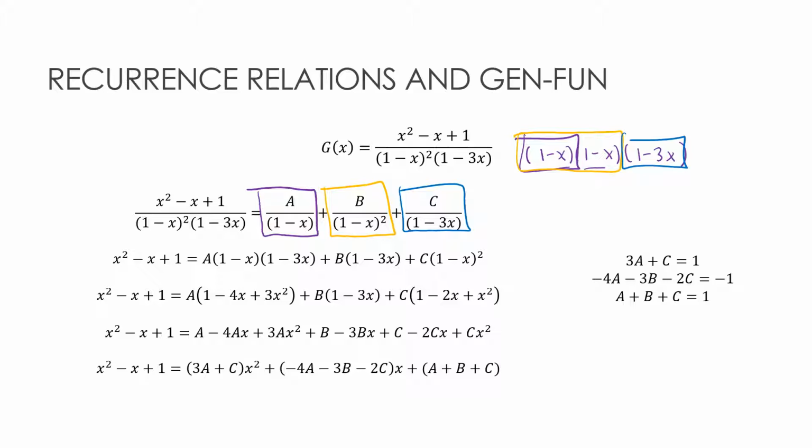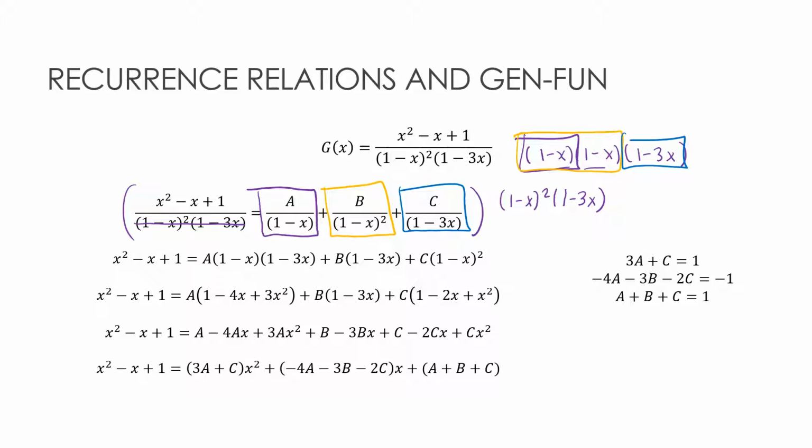Now what am I going to do? Well, I don't like fractions, so I'm going to get rid of the fractions by essentially multiplying everything by 1 minus x quantity squared, 1 minus 3x. So on the left side, that's going to get rid of the entire denominator.